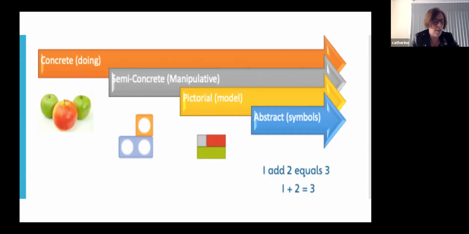In the abstract stage, students are able to use symbols such as numbers and math symbols to represent their thinking and solve maths problems. If we want children to have deep understandings in maths, then we will want them to make strong connections between the concrete, pictorial, and abstract representations that we use.